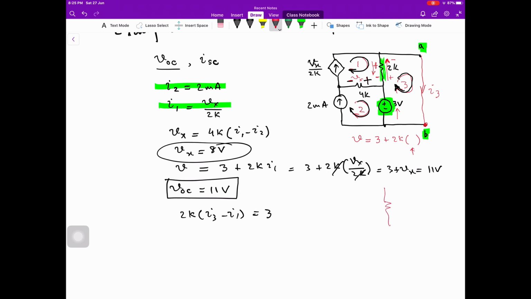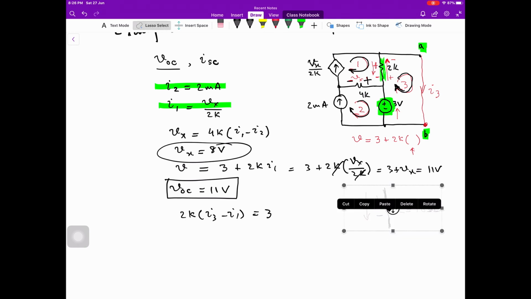Note that if we have any resistance and current is flowing downward, say 2 ampere and R is say 10 ohm, the polarity of the voltage will be this. The terminal at which the current enters is positive, and the other side is definitely negative.